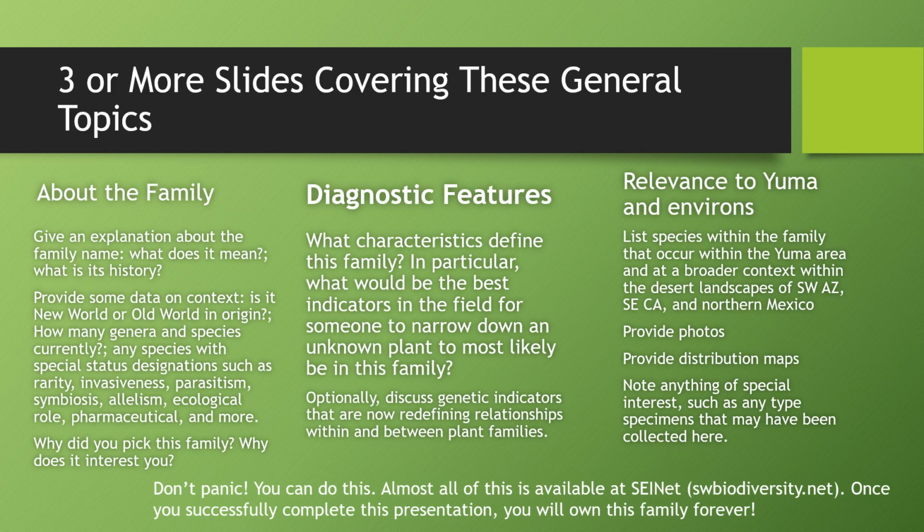In particular, sometimes there are type specimens, which means the plant was discovered the first time it was ever documented is called a type specimen. And some of those actually occurred in the Yuma area, and that would be, I think, of interest to our group. So that would be one of the examples of anything of special interest.